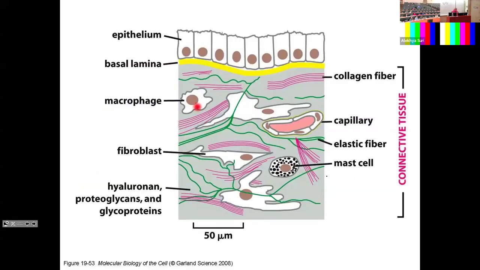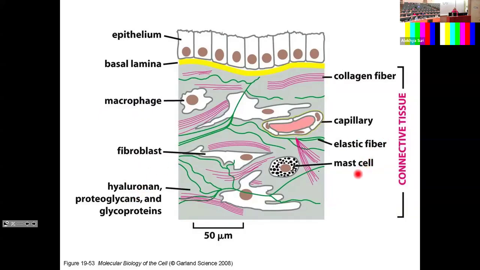Well, I showed you very briefly how the epithelium is organized. These epithelial cells always have an orientation, and then you have the basal lamina. Here you have not only molecules like collagen or fibronectin, but also hyaluronic acid, proteoglycan, laminin, and different cells, right?